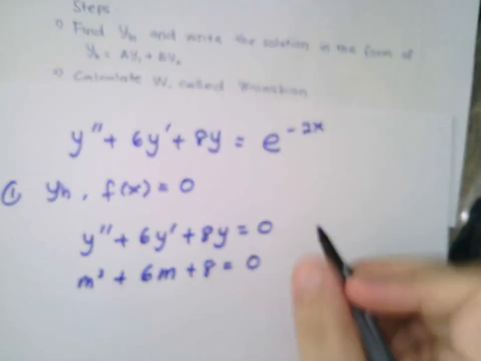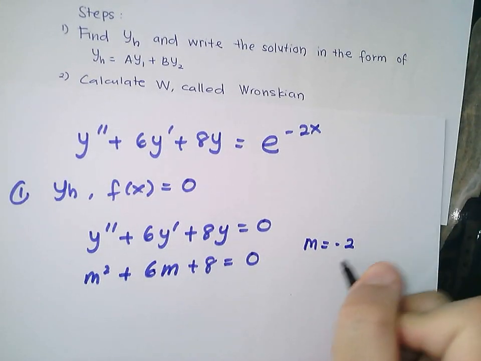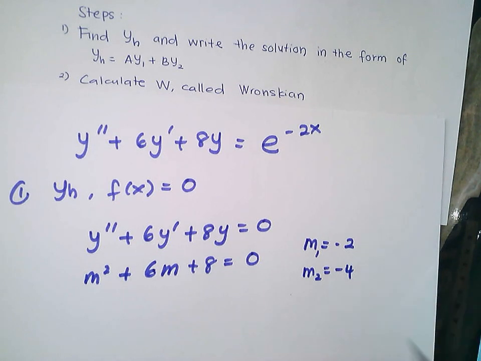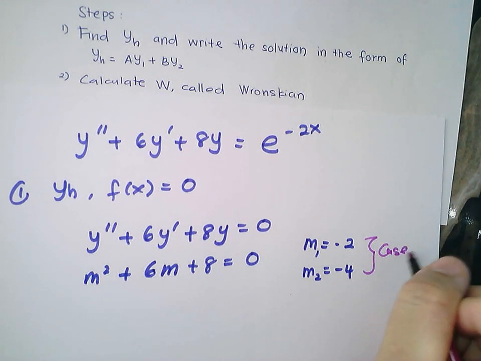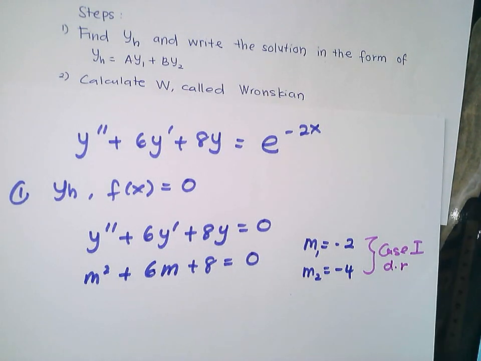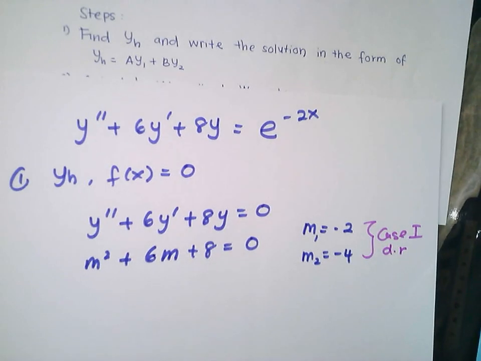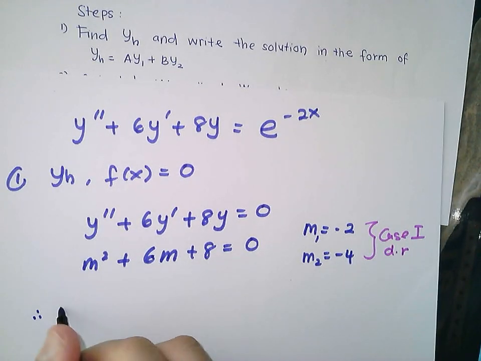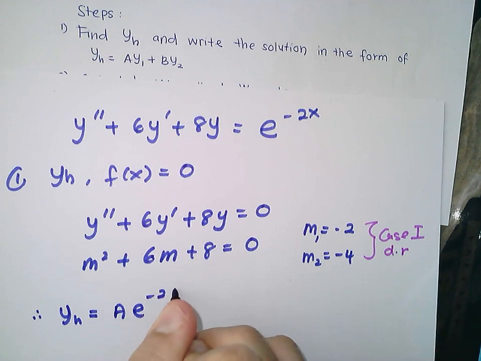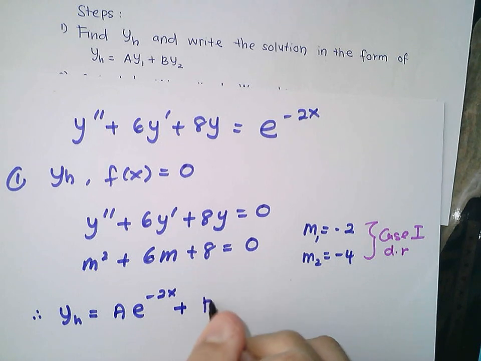So you will have m1 equals negative 2 and m2 equals negative 4. This is case 1, where you have different roots. Therefore your general solution for YH is A e to the negative 2x plus B e to the negative 4x.